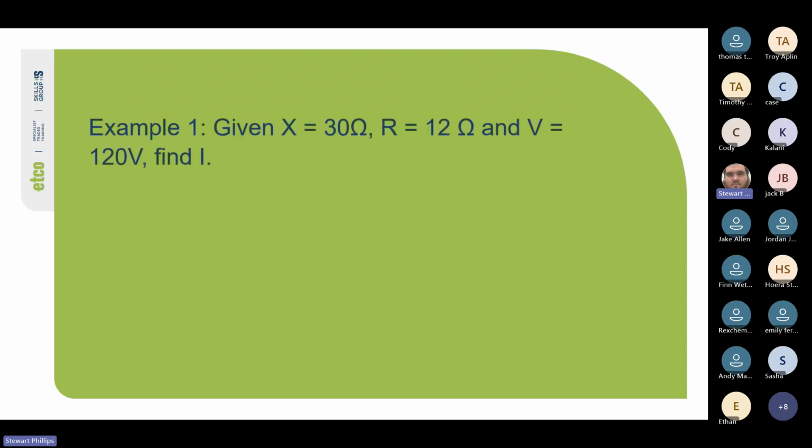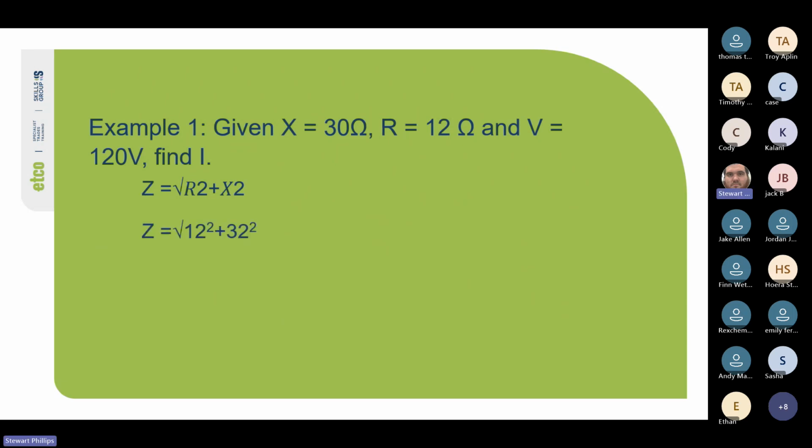Cool. So make sure you keep the units clear and always assume values are given in RMS unless otherwise noted. So given X equals 30 ohms and R equals 12 ohms and V equals 125 volts, we'll find I. The first thing we need to do is figure out our impedance. And we know from earlier that Z equals the square root of R squared plus X squared.